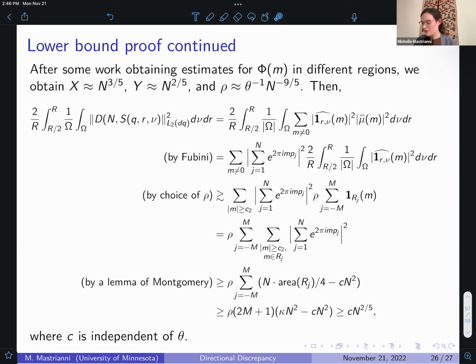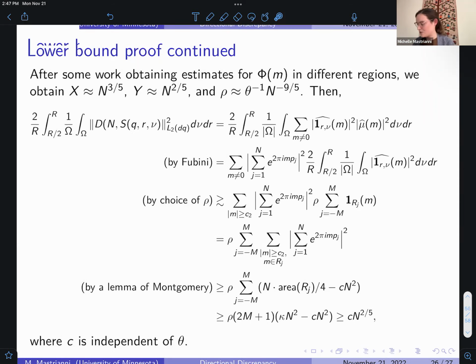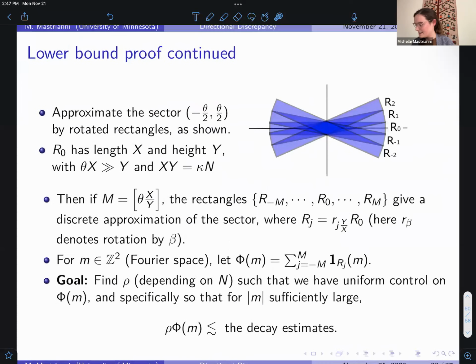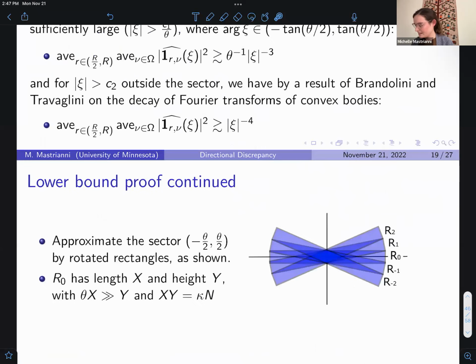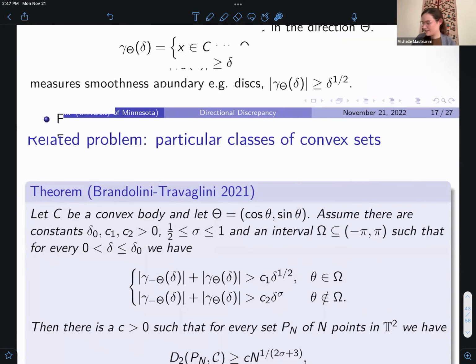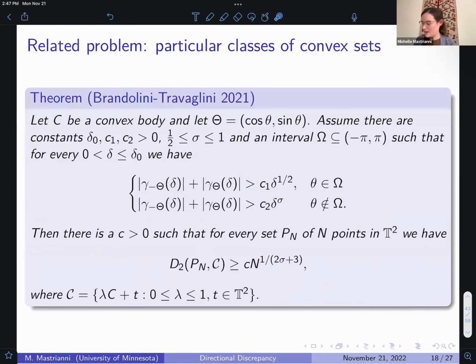In the case of convex sets, so dilations and translations of convex sets, which Brandolini and Travaglini studied, they also obtain an upper bound of essentially n to the 1/5, but they have this extra parameter sigma. In any case, they're able to obtain upper bounds, but those upper bound techniques don't seem to translate to our setting.